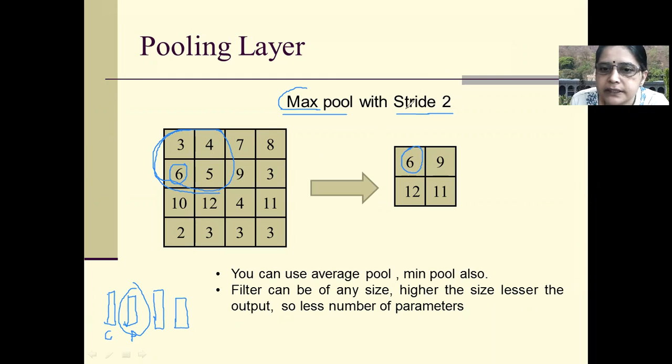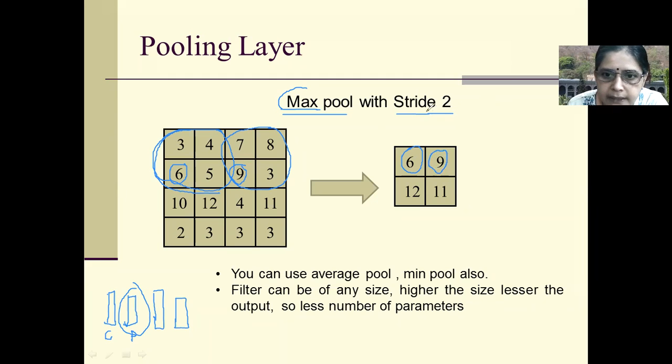Okay. Then the stride is 2, so we shift this mask by 2 columns. The next position of the mask is as shown here. Again we check which is the maximum value. What is the maximum value in this window? 7, 8, 9, 3. So the maximum value is 9, and we replace this pixel by 9.